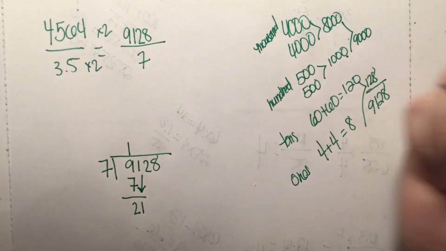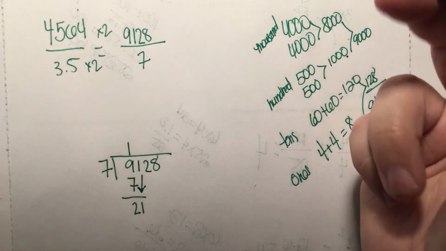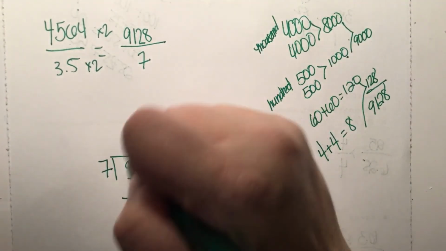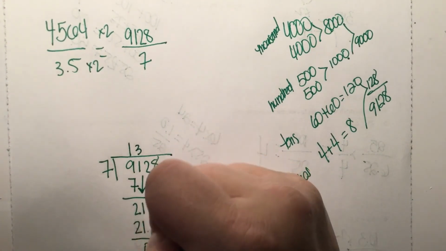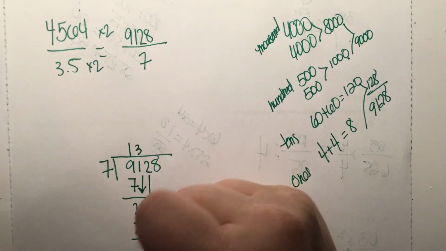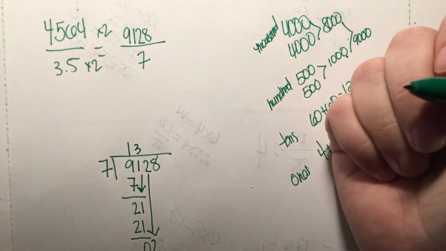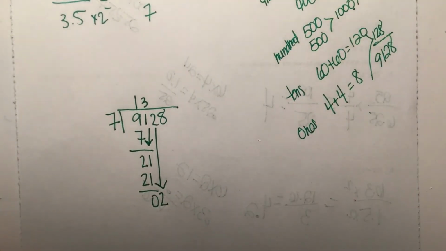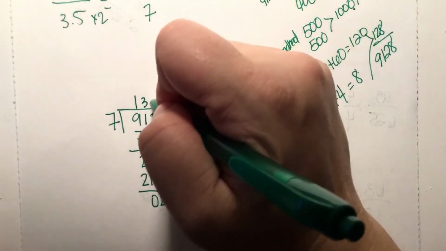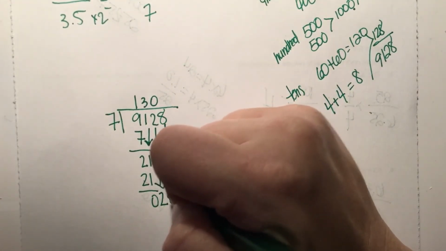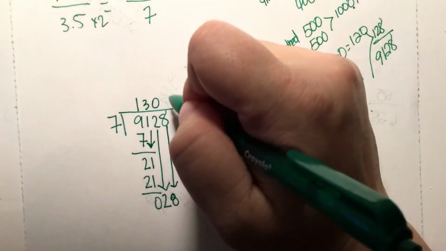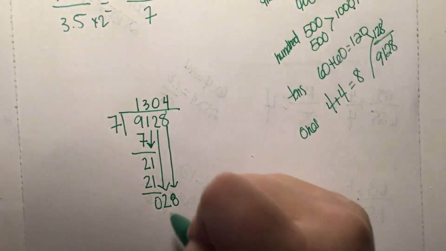Bring down our 1. 7 times what is 21? It's 3. And then we need to bring down our 2. You can't take it away, can you? No, you cannot. That's a 0. Then we bring down our 8. What's 7 times 4? It is 28.